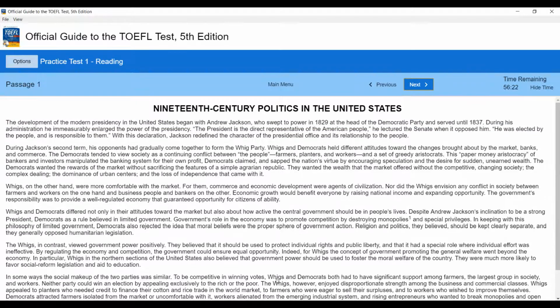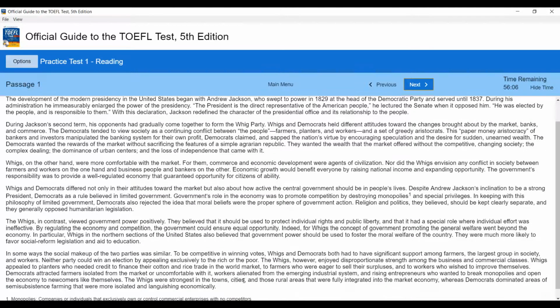So I would recommend in that case, read the first paragraph and then go to questions 1 and 2. And then little by little read through each paragraph as you're going through the questions, until finally you get a general understanding of the text paragraph by paragraph.